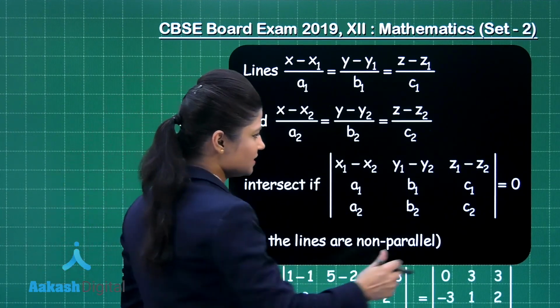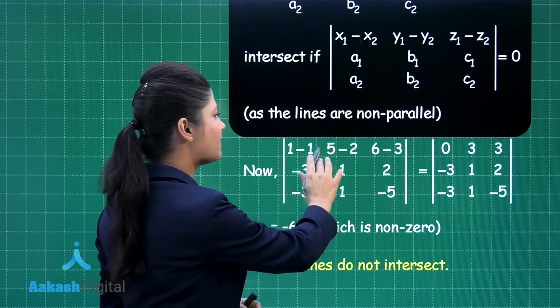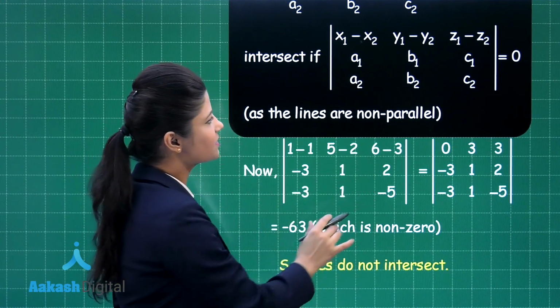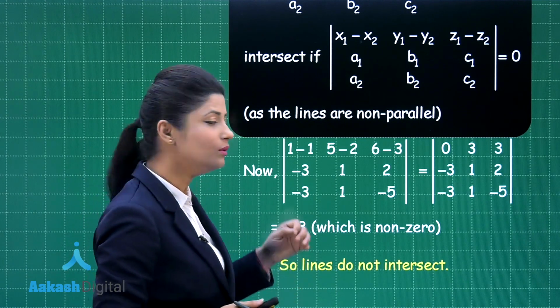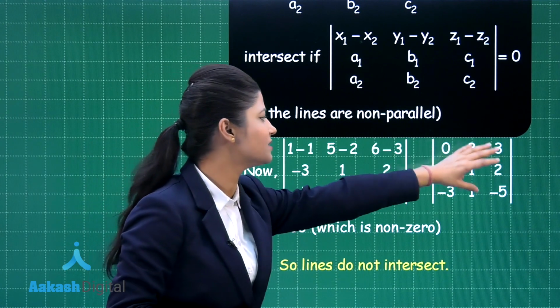Taking that into consideration, I substitute the values of x1, x2, y1, y2 and z1, z2 and the direction ratios on substituting lambda. Earlier lambda was not known to you; using the value of lambda equal to 7, you substitute it and that gives you this determinant.